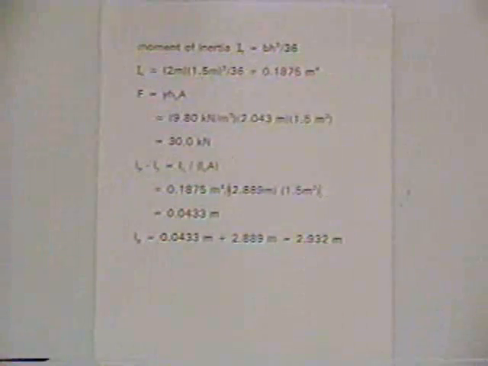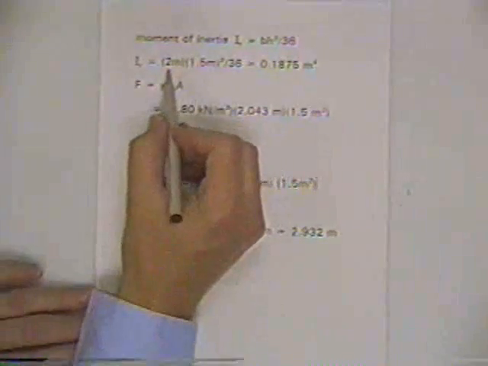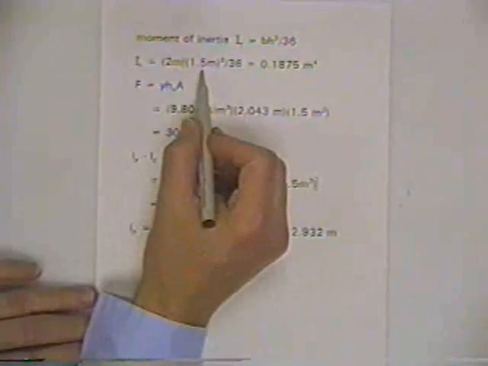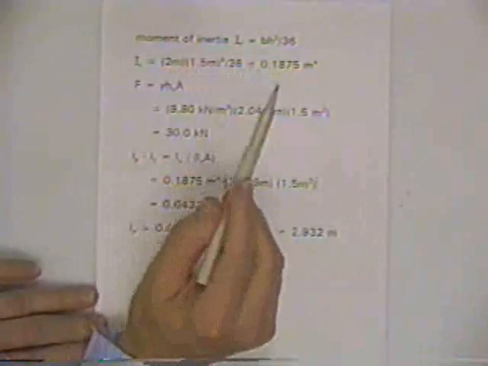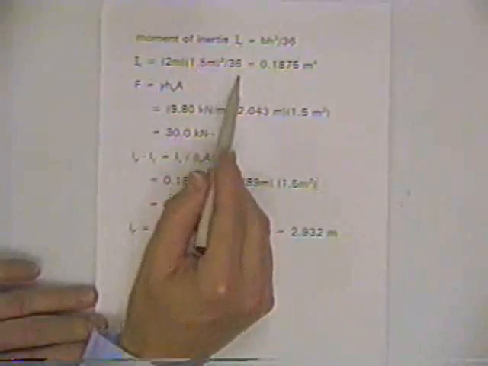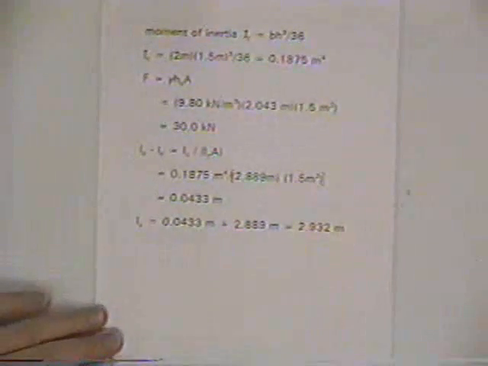Okay, the moment of inertia, from the equation from the table in the reference handbook, we can plug in the base and the 2 dimensions of the triangle, so it's the base times the height cubed divided by 36, and that'll give us 0.1875 meters to the fourth.